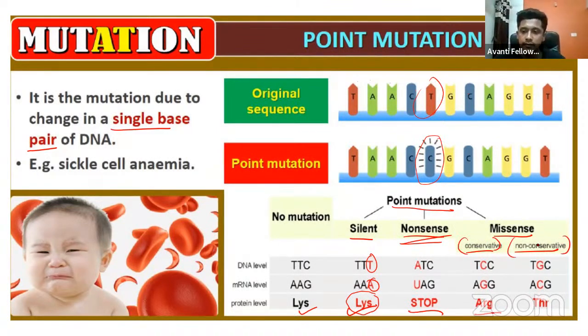Whenever an amino acid which is completely irrelevant is added, just because of a single different amino acid insertion, the entire functionality of the protein changes. It will not function as the original protein. That is the problem with non-conservative mutations. They are quite deadly and will tremendously lead to loss of function.